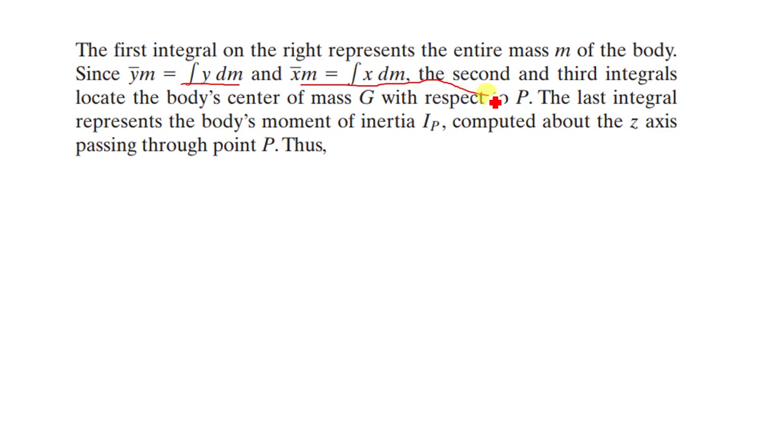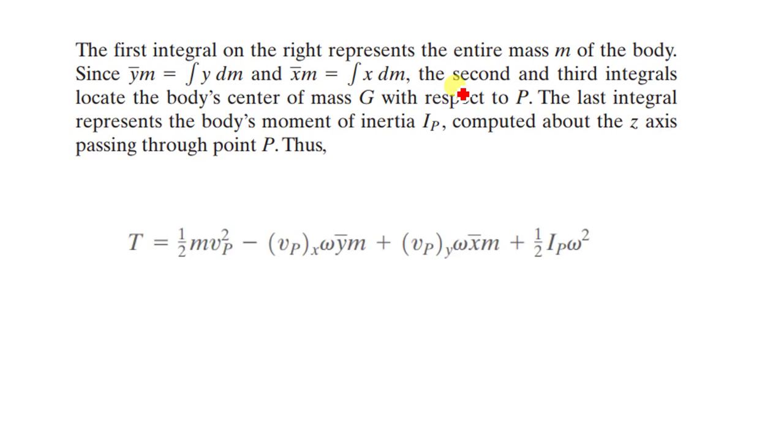The second and third integrals give the body's center of mass G with respect to P. The last integral represents the body's moment of inertia I_P computed about z passing through the point P, which is just this part here. Here they've introduced I.